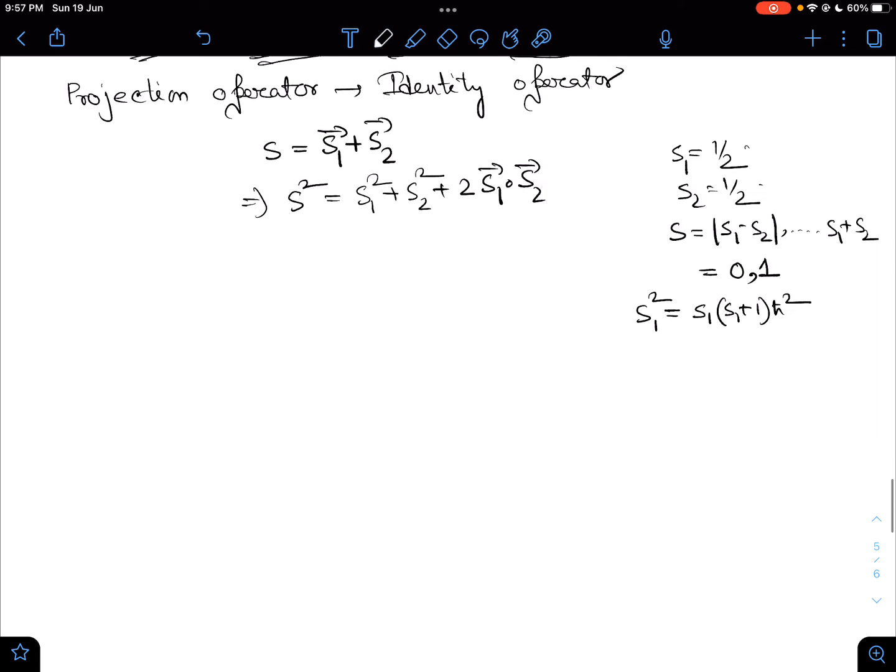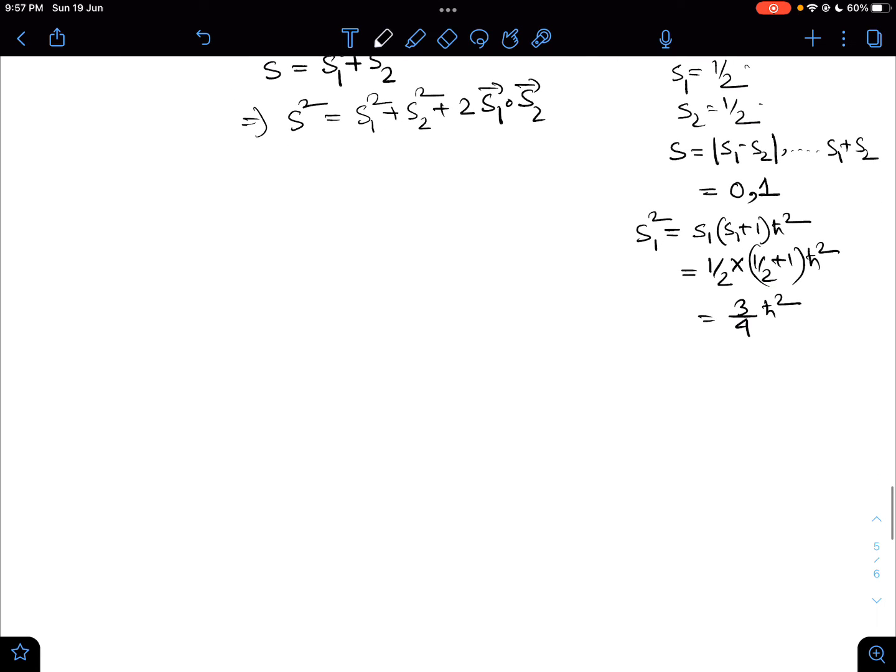For spin half it will be half into half plus 1 h cut square, so it will simply be 3 by 4 h cut square. S2 square will also have half into half plus 1 h cut square, that means 3 by 4 h cut square.